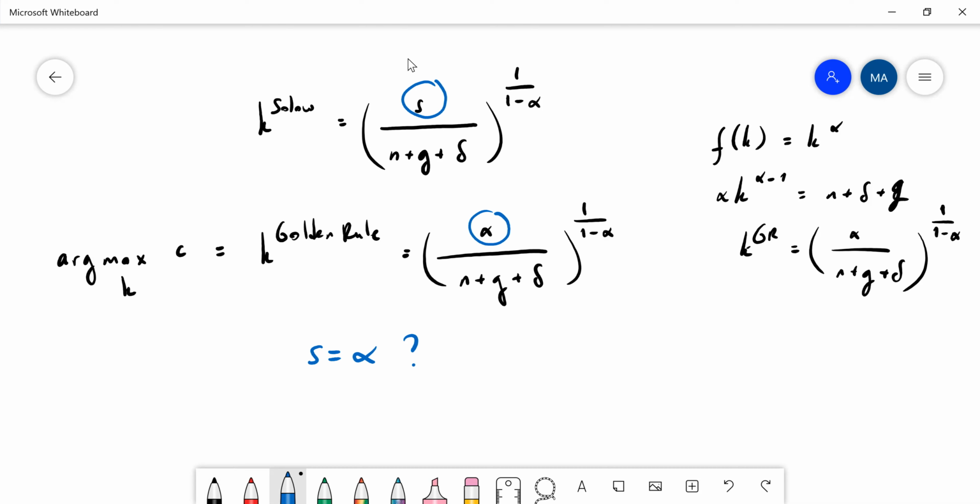For this reason, if S is greater than alpha, what do we know? Well, what we know is this: society accumulates too much capital. Okay? In such a situation, imagine that that's the case. All right? So S is given, alpha is given, and suppose that S is greater than alpha. So this is the case of dynamic inefficiency. And suppose this instead.